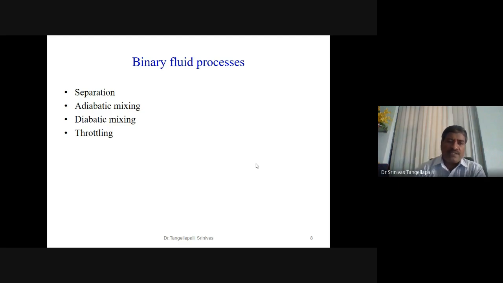Theoretically we can assume enthalpy is constant, that is H1 is equal to H2. So based on this, H1 is equal to H2, we can find the exit temperature either through the enthalpy concentration chart that I showed, or maybe by calculations. Okay, that is how I will explain throttling for the binary fluid system.